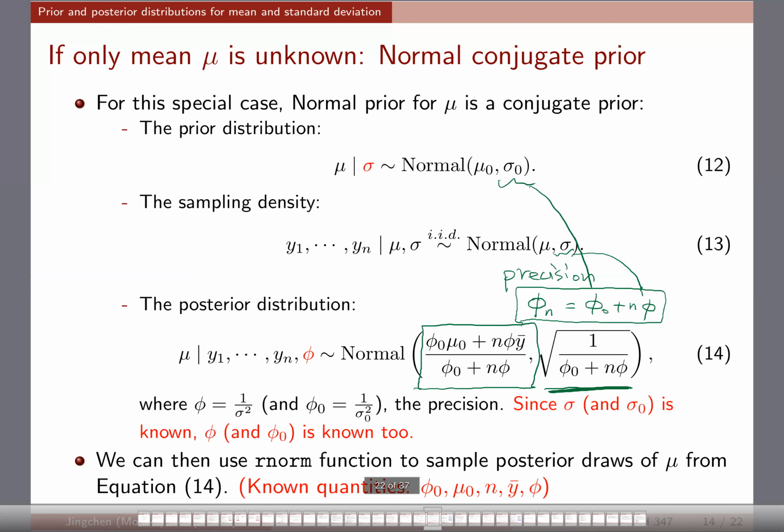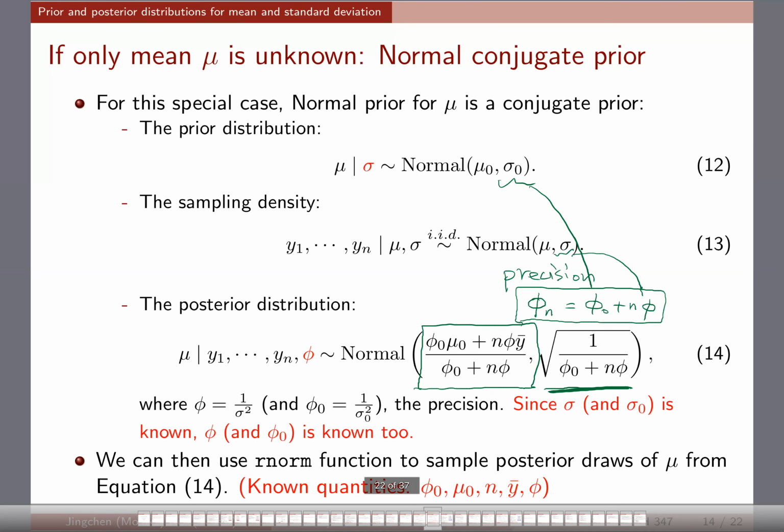Let me say it again. If you look at equation 14, what I wrote on top of it about the precision, we see that the posterior precision is the sum of the prior precision and the data precision. Both the prior precision and the data precision are positive, so that makes phi n larger than either of them.